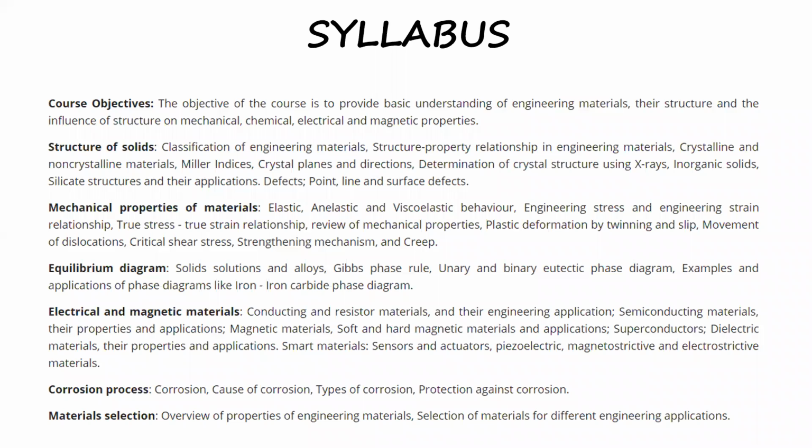Then there is something called critical shear stress. This is the critical value, and if you cross this limit, it can lead to the disintegration of the solid. So how one can measure the critical shear stress and how you can always maintain your engineering system below this critical value, those things we will discuss here.